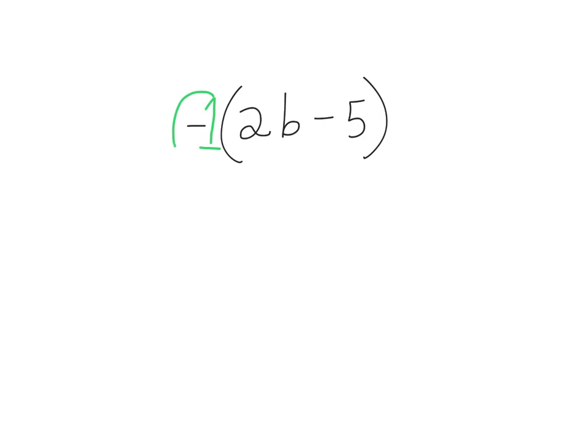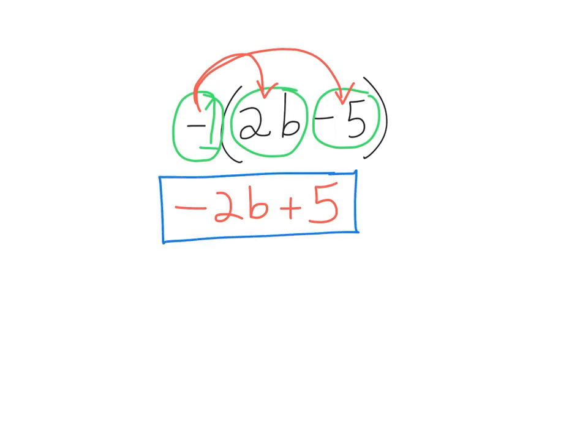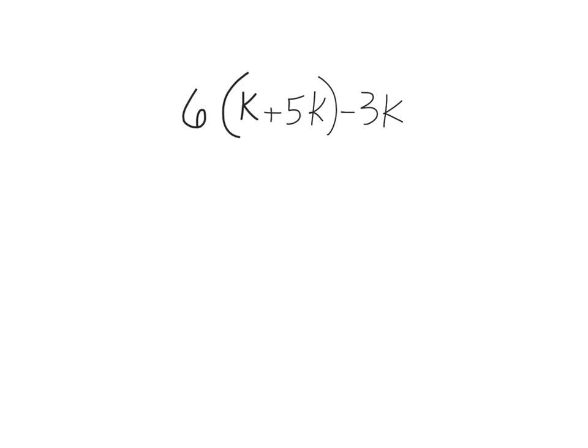And I could distribute that negative 1, and there's the 2b, and there's a negative 5. So negative 1 times 2 is going to be negative 2b. Negative 1 times negative 5 is going to be a positive 5, or plus 5. Same thing. Final answer.